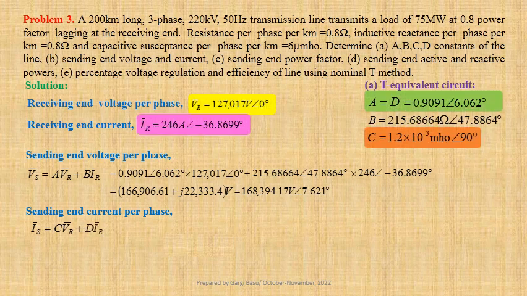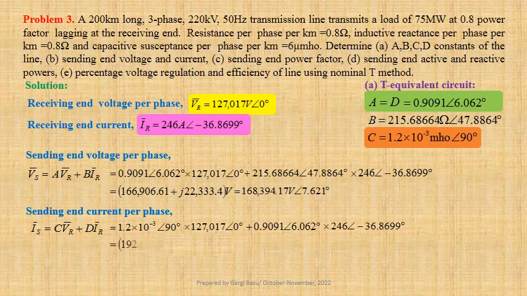And expression for sending end current per phase Is equals C times VR plus D times IR. Using values we get 1.2 into 10 to the power minus 3 at an angle 90 degree into 127,017 at an angle 0 degree plus 0.9091 at an angle 6.062 degree into 246 at an angle minus 36.8699 degree.